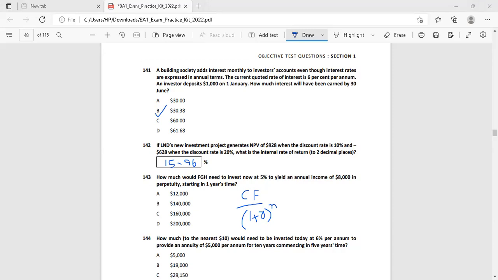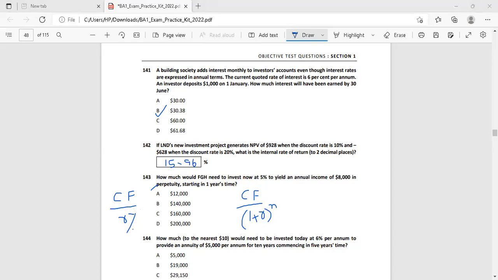So we simply take in perpetuity, for this one, it would become cash flow divided by R percentage. That's it, as simple as that. Cash flow divided by R percentage.